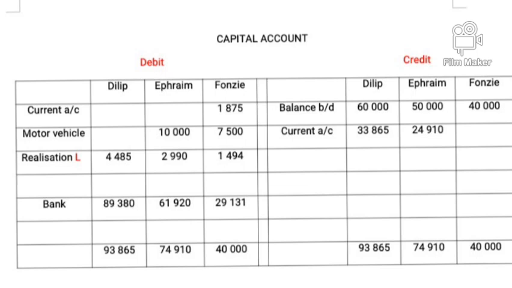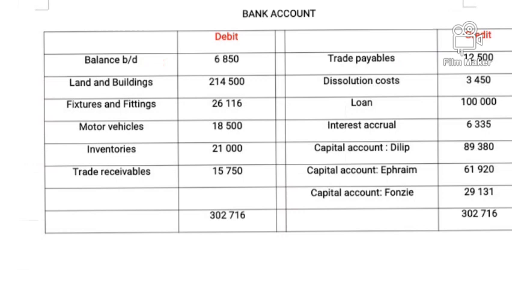So those balancing figures in the capital account, written bank account, are going to be posted on the credit side of the bank account to complete double entry. So I'm going to write capital account on the credit side: Dilip, Ephraim, Fonzie. I'm going to post 89,380 under Dilip, then 61,920 under Ephraim, then 21,131 under Fonzie.